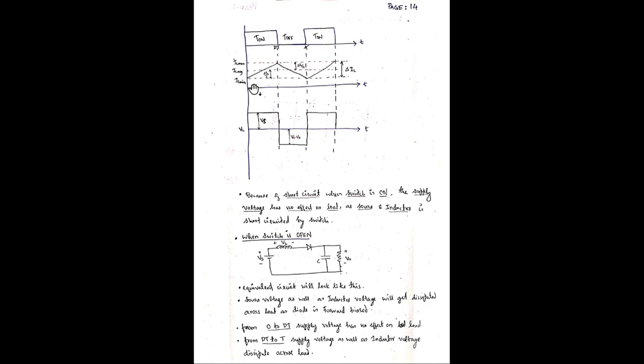So here this VL on is equal to Vs. VL on we can write as di on divided by dt. The change in inductor current during on time, that is from IL minimum to IL maximum, is del IL. On time means 0 to dT.